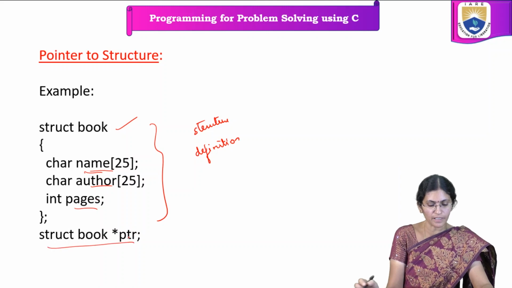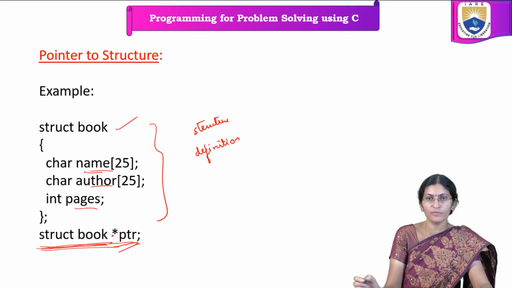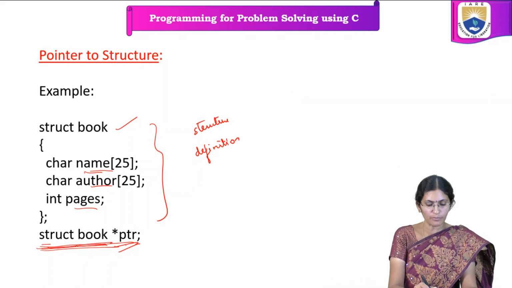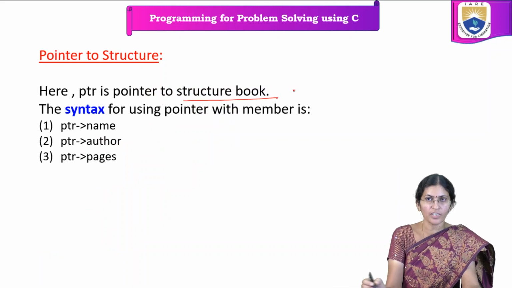After that we have declared a pointer variable of type struct book. Here star ptr is a pointer variable pointing to a data type of struct book, so ptr is a pointer to structure book.